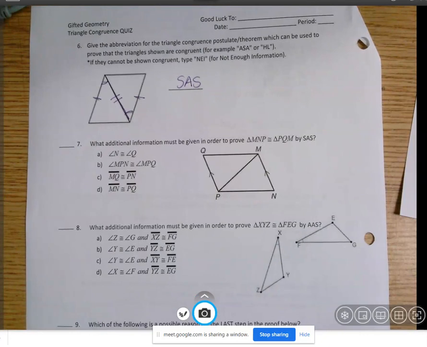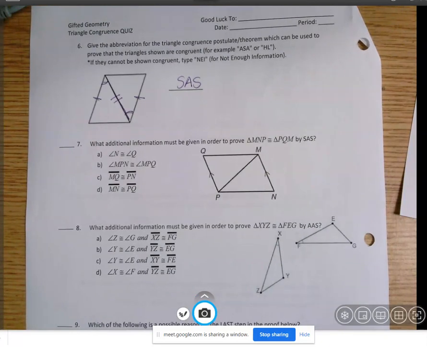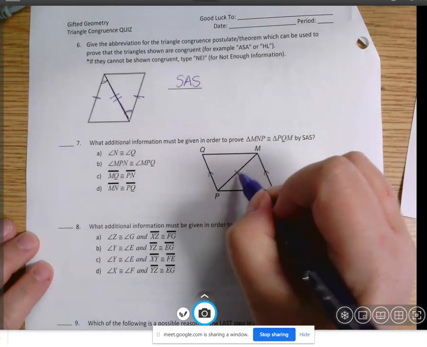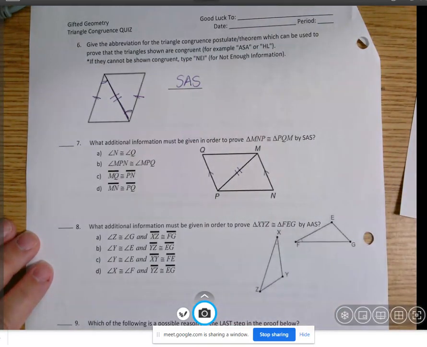Number 7 and 8 are what additional information type problems. What additional information must be given in order to prove that triangle MNP is congruent to triangle PQM by side, angle, side? Okay, so let's look at what we have right now. I know the side in the middle is congruent to itself.